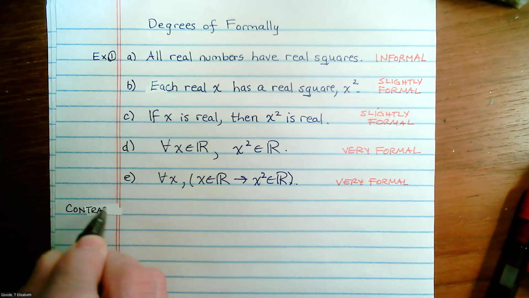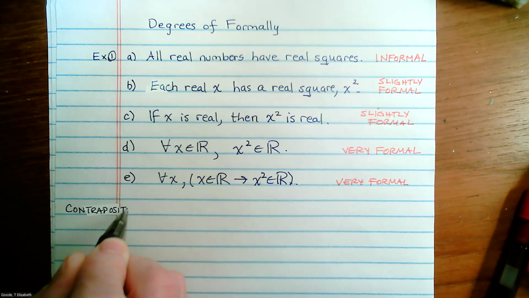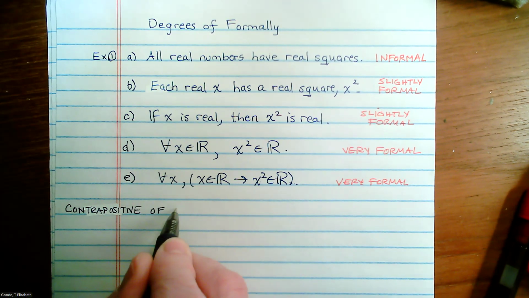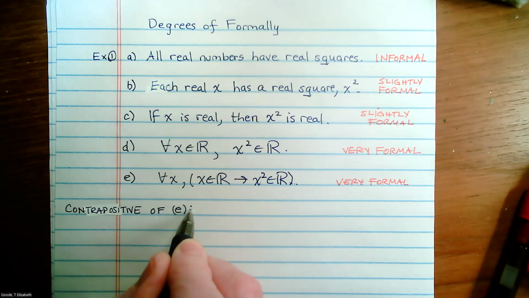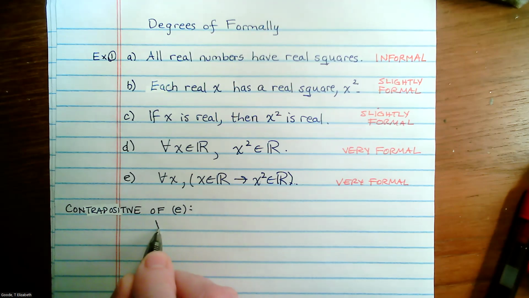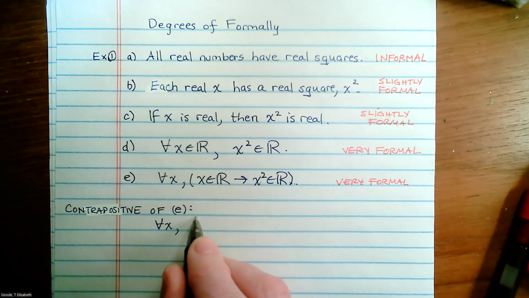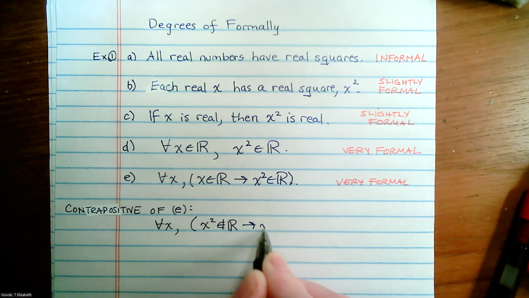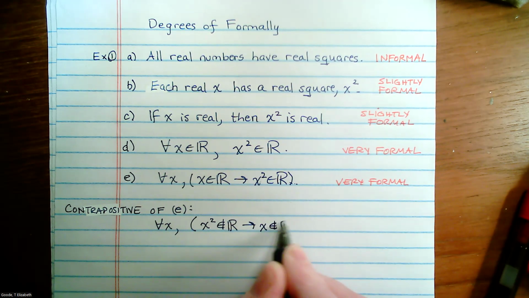Let's write the contrapositive of E. It would be for all X, X squared not in the reals implies X is not in the reals.